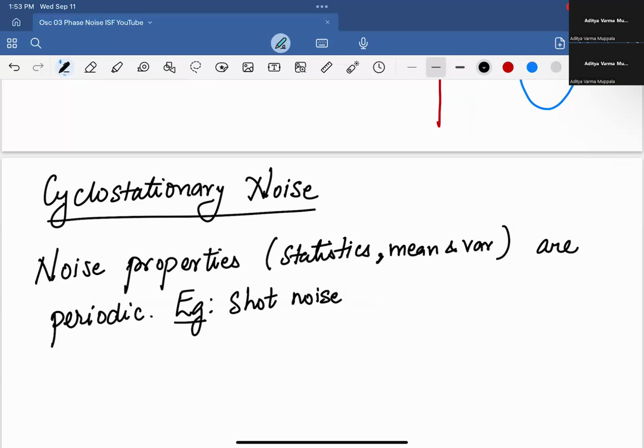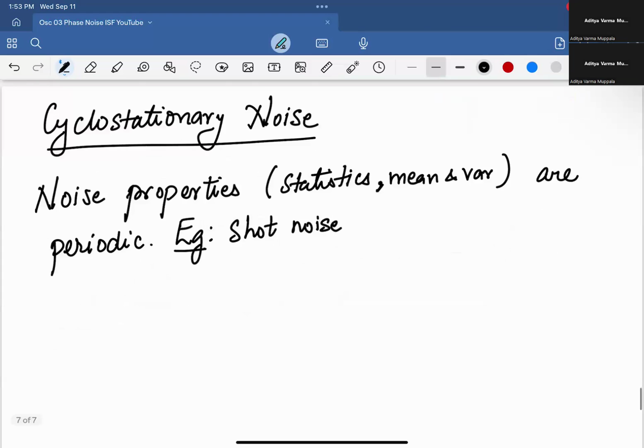You could say the same about flicker noise as well. But other examples of stationary noise sources are resistors inside the oscillator. The noise produced by the resistor, which is 4kTR times the bandwidth, is not cyclostationary, that's actually stationary.